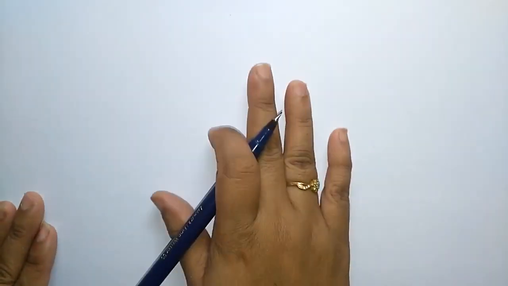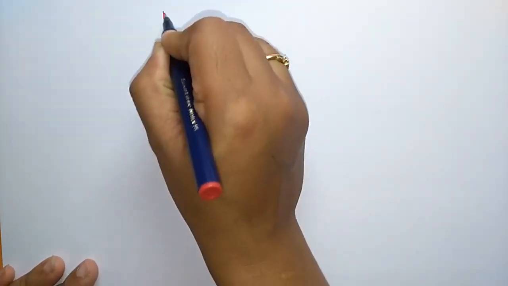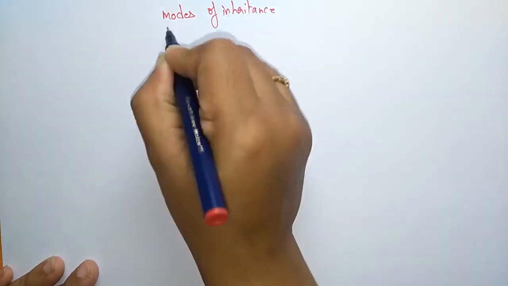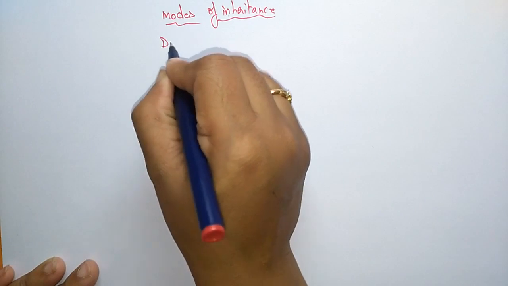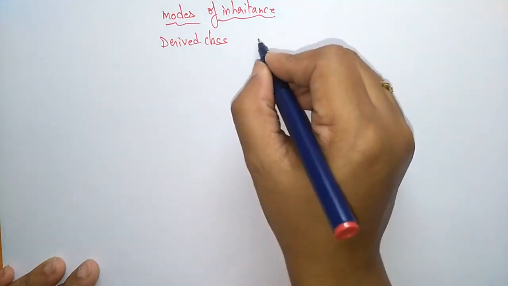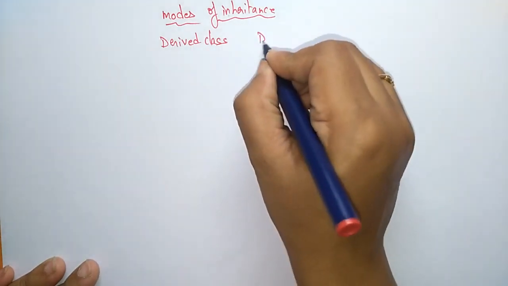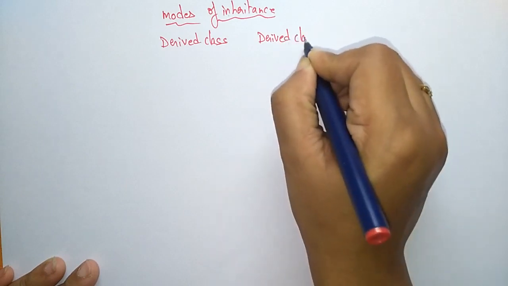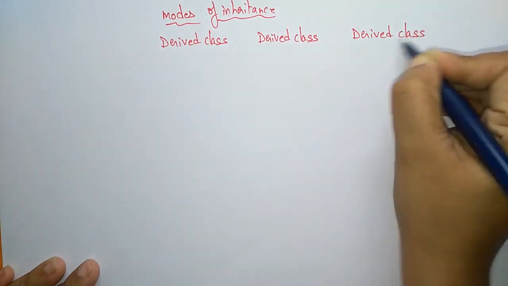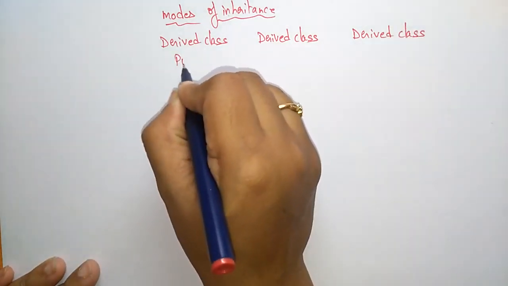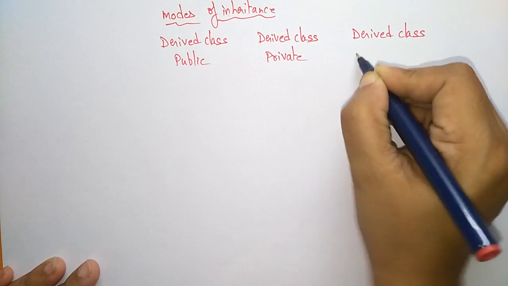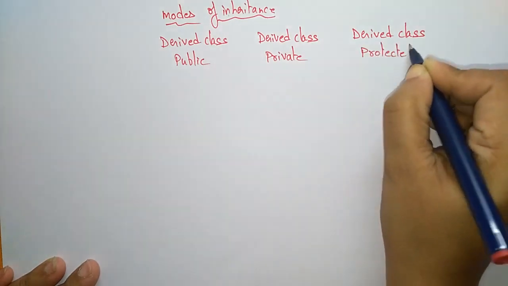So whatever I represent in the diagram, I am writing here as the modes of inheritance. Here I am writing the derived classes. In the previous example, I took three derived classes: one is public, private, and protected. Here I am writing it in tabular form instead of a diagram. So that is the public derived class, private derived class, and protected derived class.